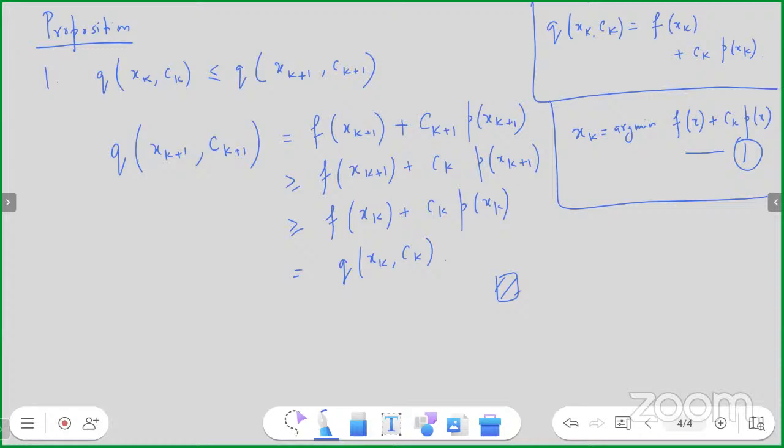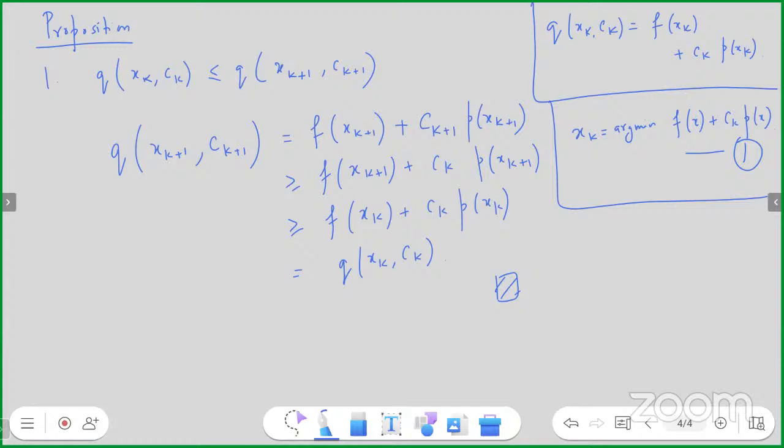That's the beauty of this proof. There's hardly anything non-trivial. You just have to repeatedly use equation number 1. So this monotonicity we have established with function Q.